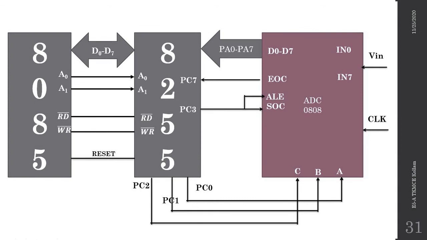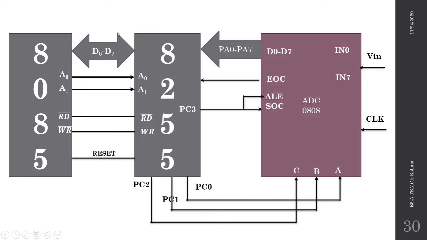So this is the interfacing circuit in order to do this particular task. This is the 8085 and the related signals which are required in order to interface with the 8255. This is the input signal which is connected to any of these channels from IN0 to IN7.